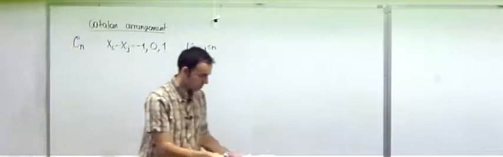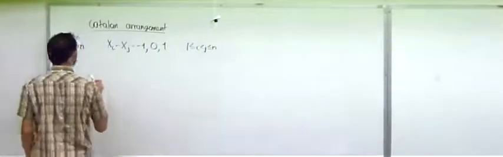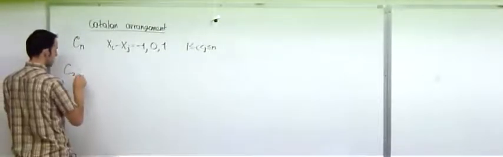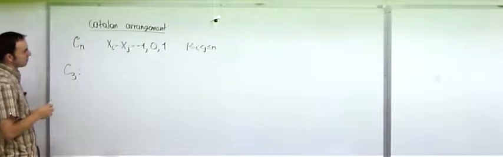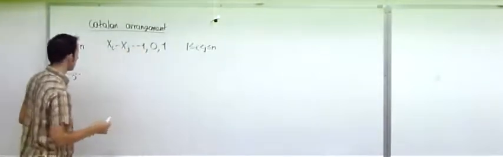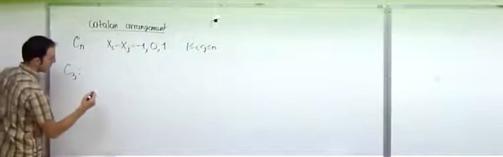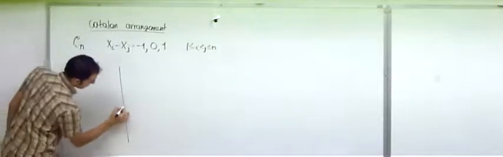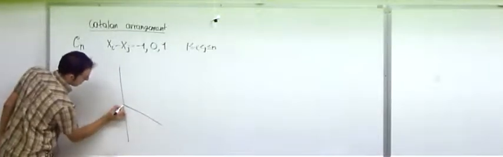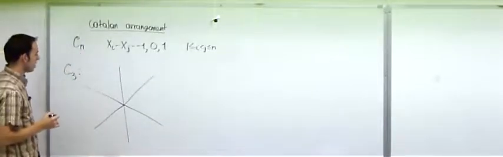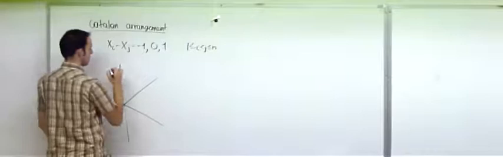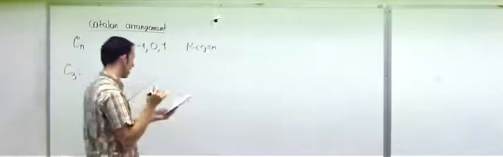So let's try to see what this guy looks like, for example for C3. Let's draw the braid arrangement first without the -1 and the 1. You've already seen this one several times. It looks like this, right? Let me make sure that I label it just like I did here.